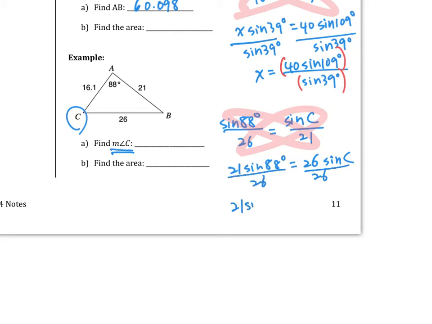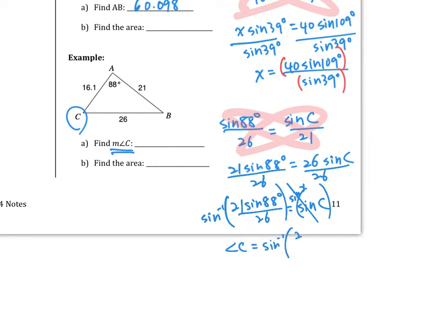So 21 sine 88 degrees over 26 is sine C. Now recall, how do you find an angle that's stuck inside sine? You're going to have to use inverse sine. Okay, that's going to get rid of this. So angle C is inverse sine of 21 sine 88 degrees over 26. Okay, go ahead and use the calculator to figure out what this value is.